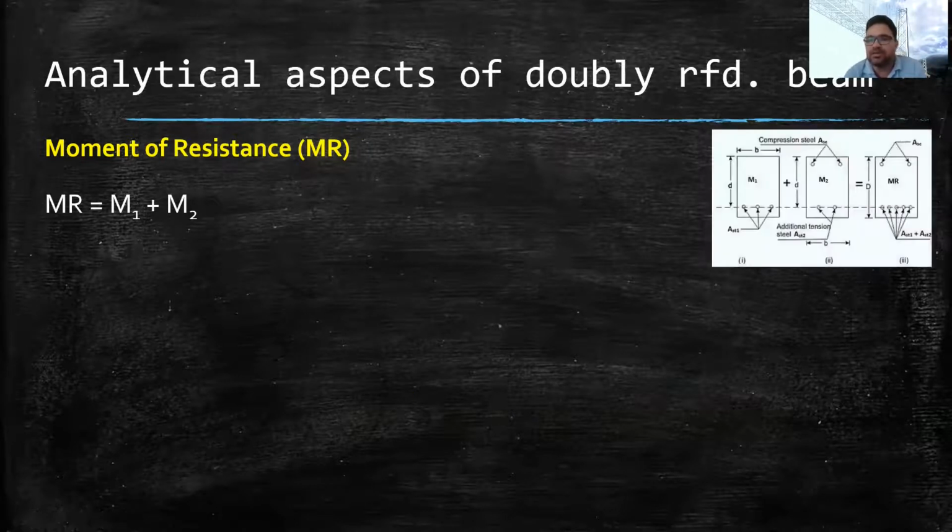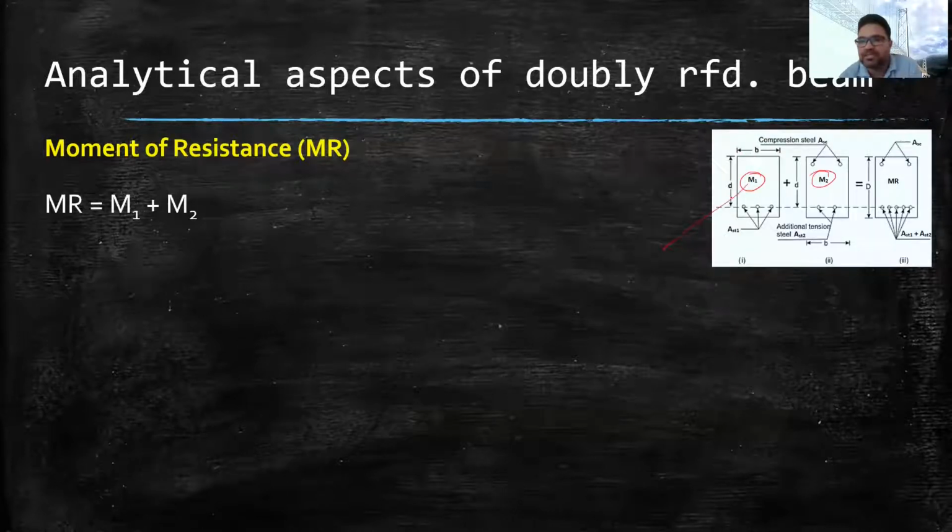Using this figure, which I have used earlier in my slide, you can see M1 and M2. Well, M1 is the moment of resistance of a singly reinforced beam balanced section. A doubly reinforced beam is composed of these two models, this beam having reinforcement in the tension side only.